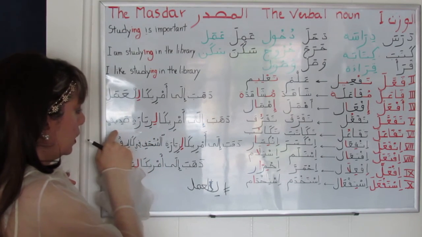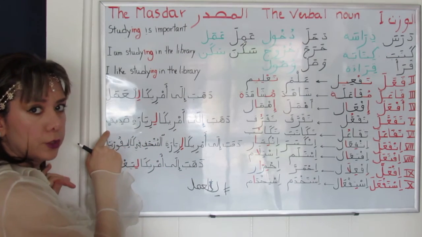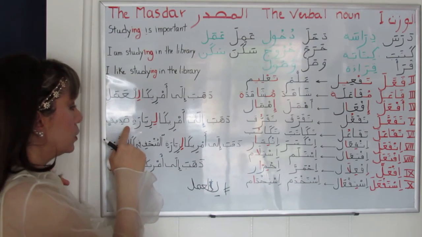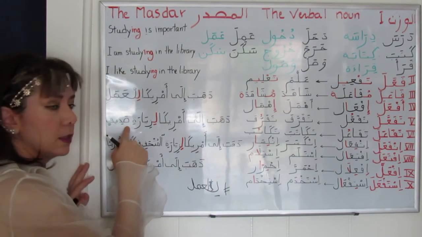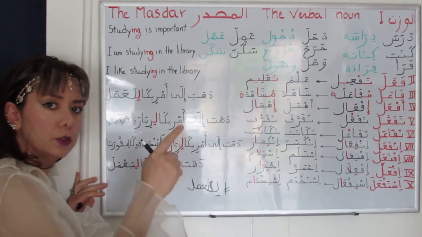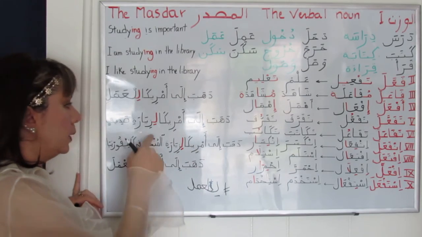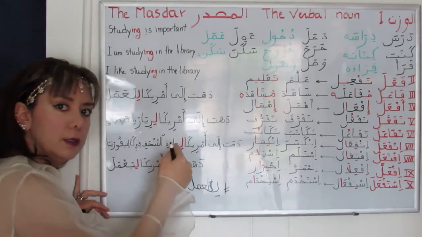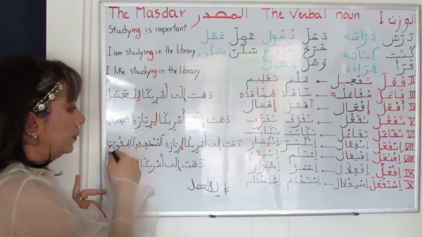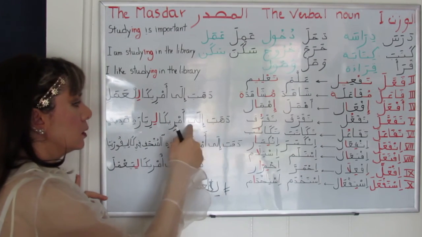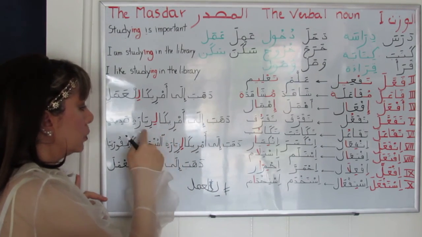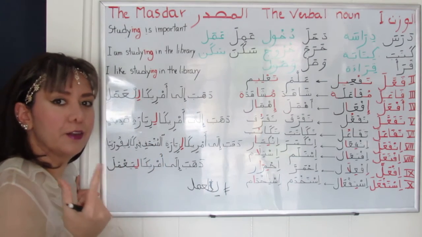This is an إضافة construction. And since the second term doesn't carry al, the definite article, it's considered an indefinite إضافة. He went to America to visit a friend.